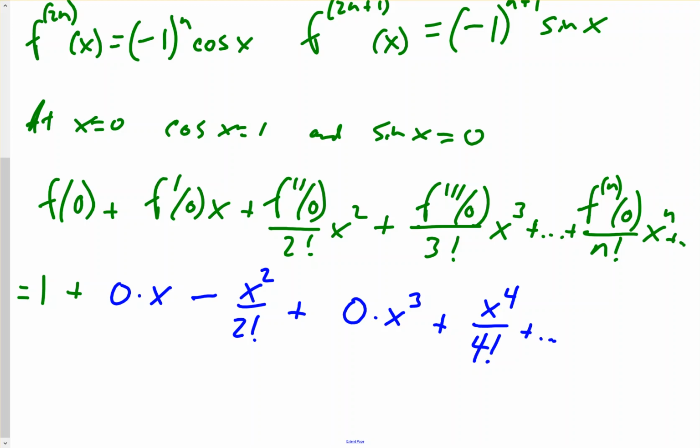So we would have negative 1 to the n of x. Notice we're going to get all the even powers of x, and then we'll have it over the even number factorial.